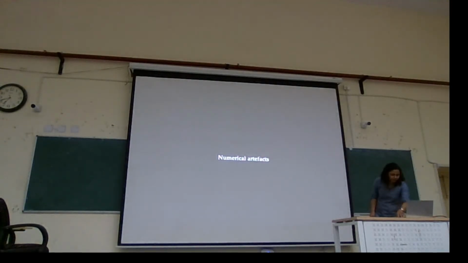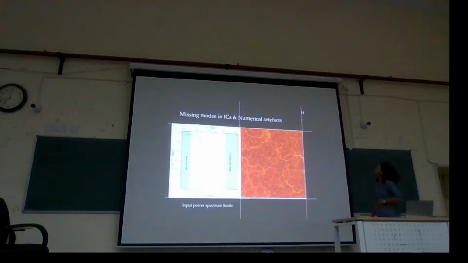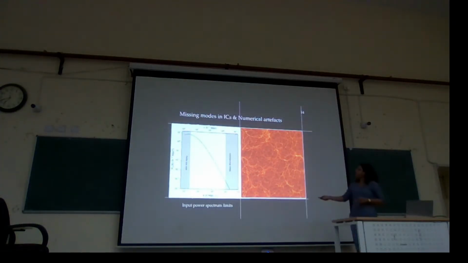The second category of work is numerical artifacts. We have seen this slide earlier. We are seeing the periodic boundary, which means the perturbation size. If I have a perturbation of this size, that information is not there. Because if I draw this circle here, this circle here, this circle here, I am going to get exactly the same value, because that is how I constructed it.